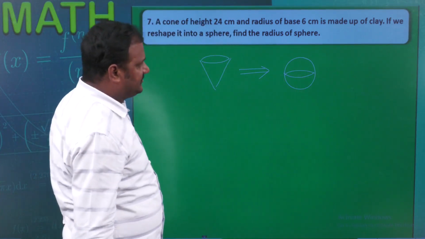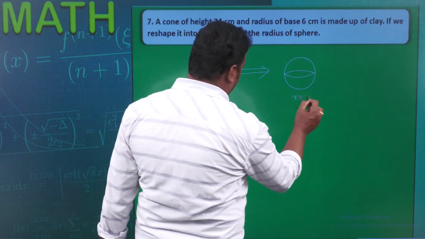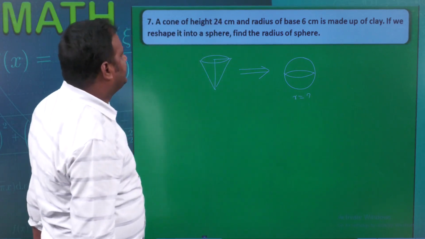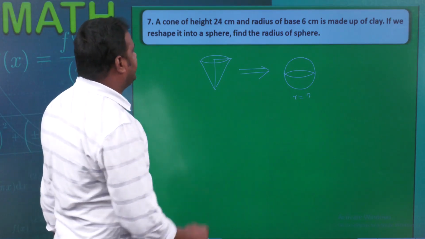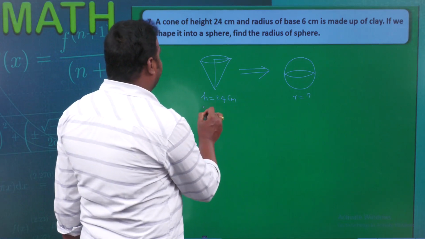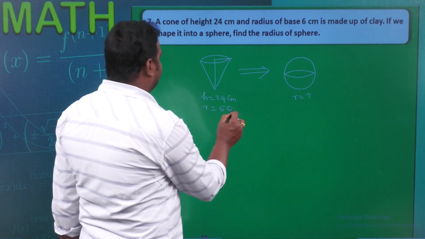Then what is the radius of the sphere? Here radius we do not know, but here we know about the dimensions. The dimensions of the cone are height is equal to 24 centimeters and radius of the base is going to be 6 centimeters.